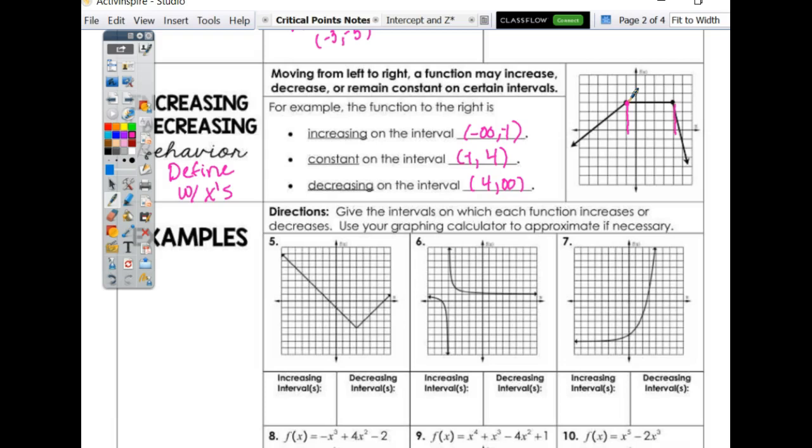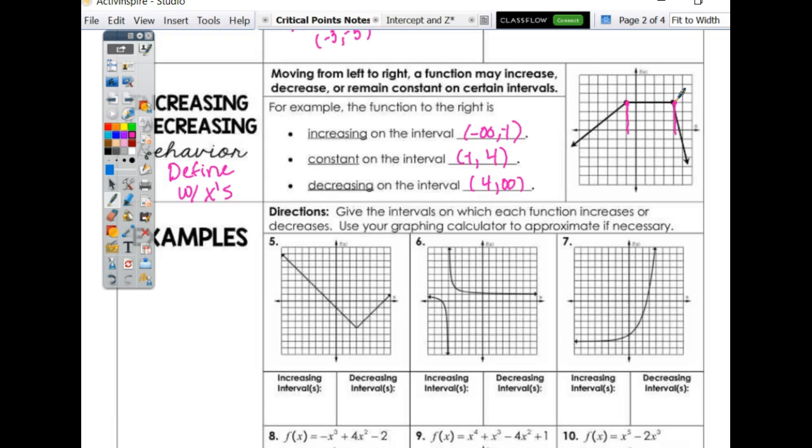So that's the reason we put the parenthesis, because it's really both increasing and constant, and you can't put it in both. So we don't put it in either one, all right? The same thing here. Is this constant or decreasing? You can't pick, right? They're really both, so we just won't include them. That's why we use the parentheses.